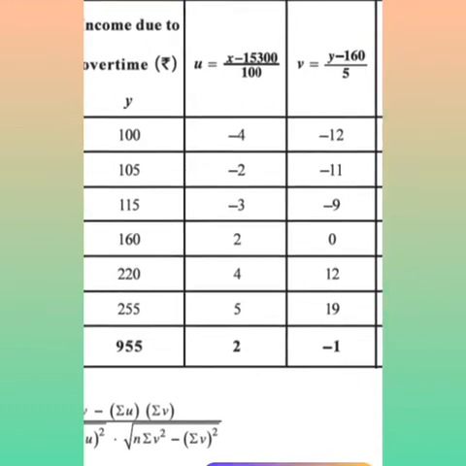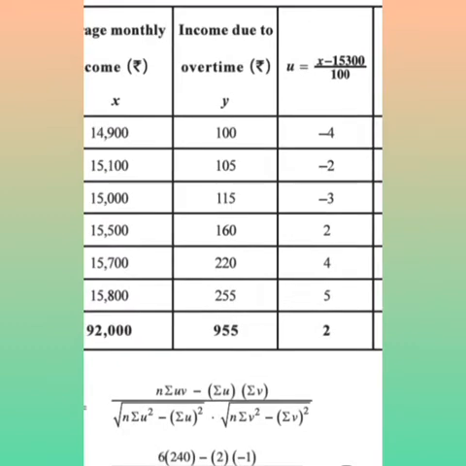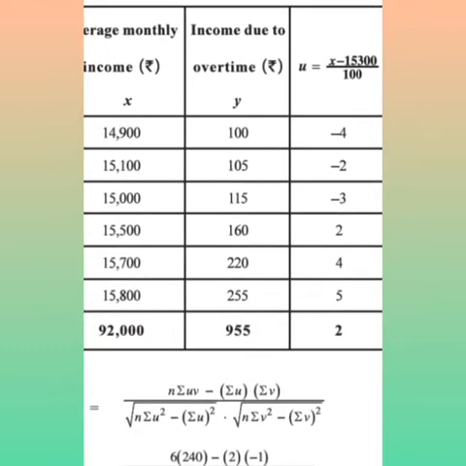We have also seen the formula for u, that is what we are going to use, that is x minus 15,300 divided by 100, right? So what we are going to do, we are going to find out in the similar fashion with the formula. We will find out the column of u. Your x is 14,900 minus 15,300 whole divided by 100, you will get minus 4.